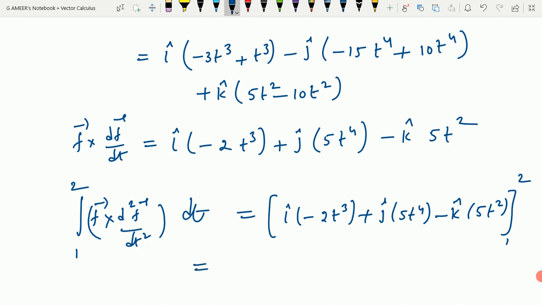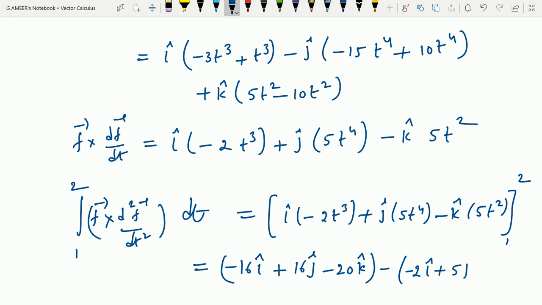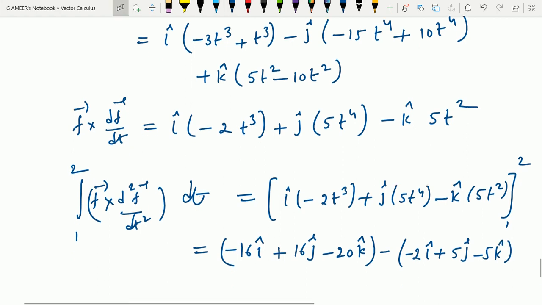Substitute the upper limit: 16 i cap, then 16 j cap, 20 k cap, then minus the lower limit, that is minus 2 i cap plus 5 j cap minus 5 k cap.